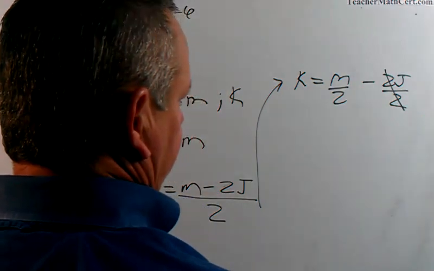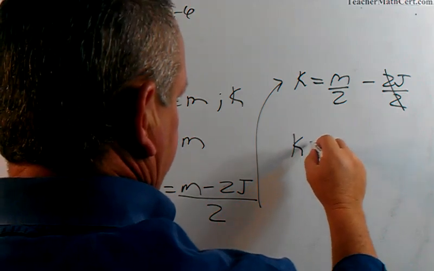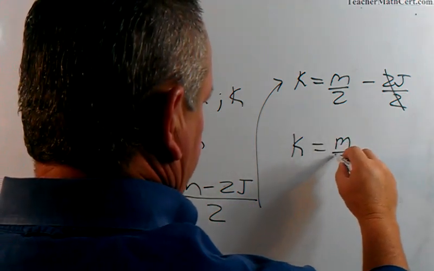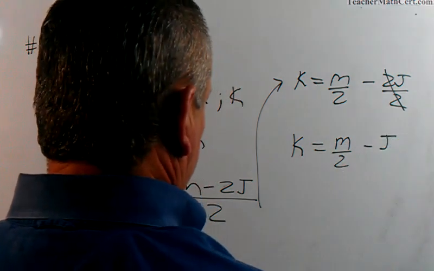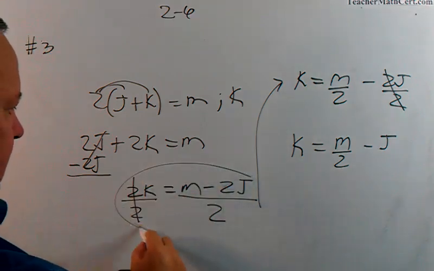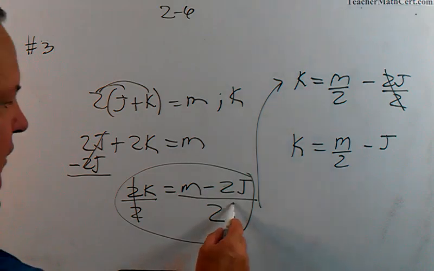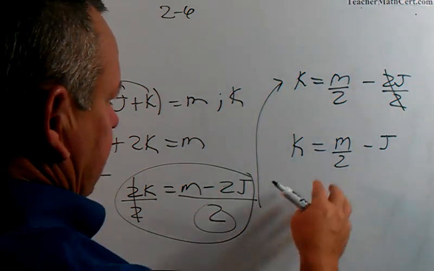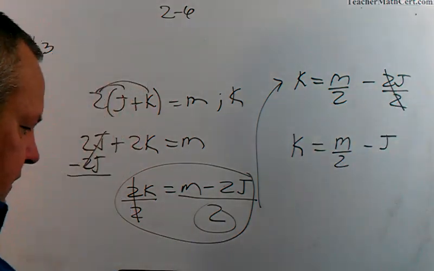These 2's can cancel, right? So that leaves, if you want to write it in this way, it's equal to J, okay? You can also leave it like this, okay? So you can write the 2 under both because it's the whole side, and you can also split them up, and then if they cancel, they cancel.